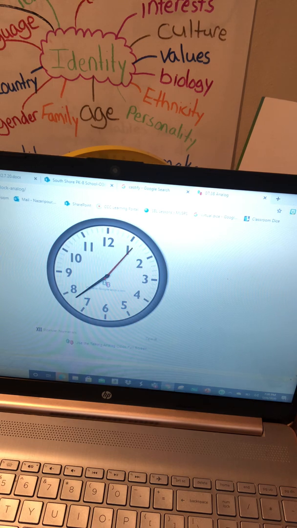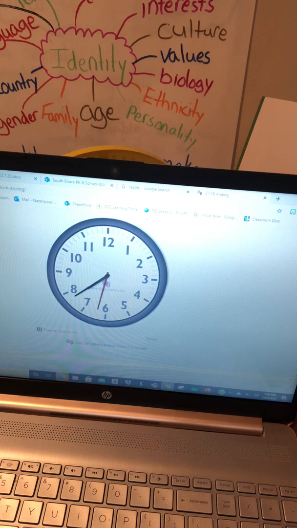5 seconds, 10 seconds, 15 seconds. How many have you done so far? Keep jumping, don't give up. 20 seconds, 25 seconds, 30 seconds.